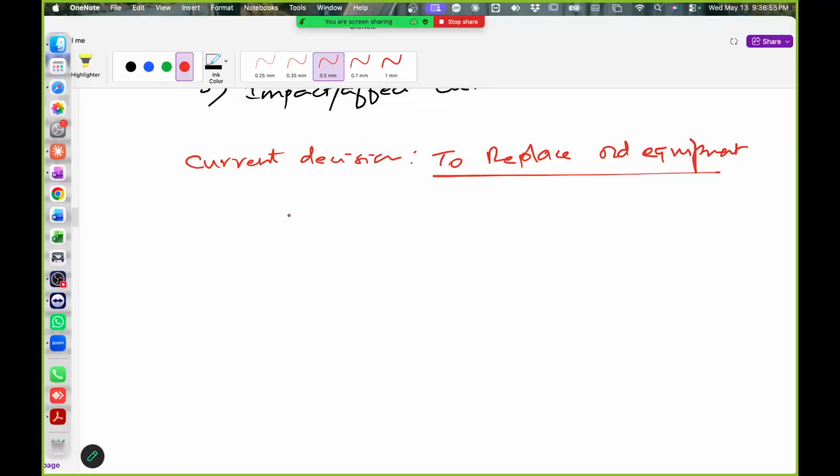So, new equipment purchase cost, purchase price, etc. is $50,000. Everything included.